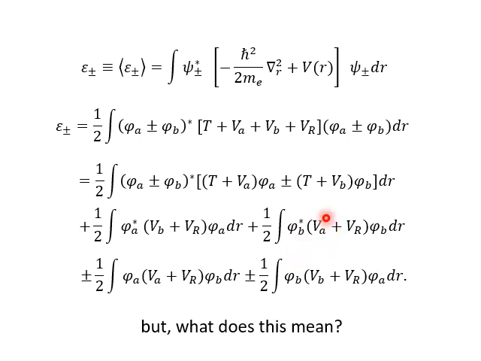Phi B, but with potential A, phi B. Remember, up here it was just VA phi A, but now it's the potential due to atom A, while the wave function is on atom B. And then the only terms that are left over are the crossed terms, phi A, VA, phi B, and phi B, VB, phi A. All of that is just wave function soup at this point.